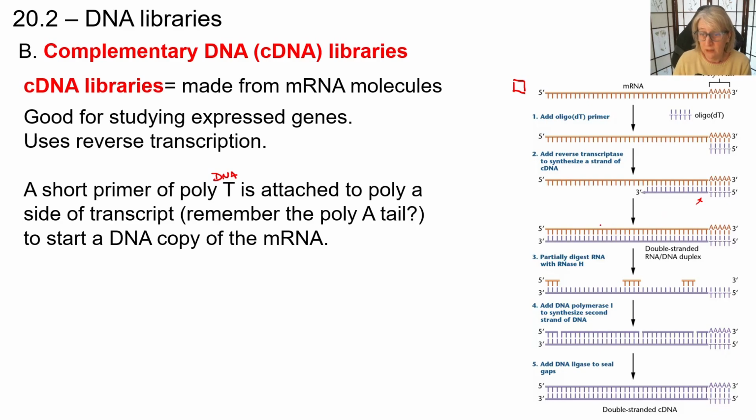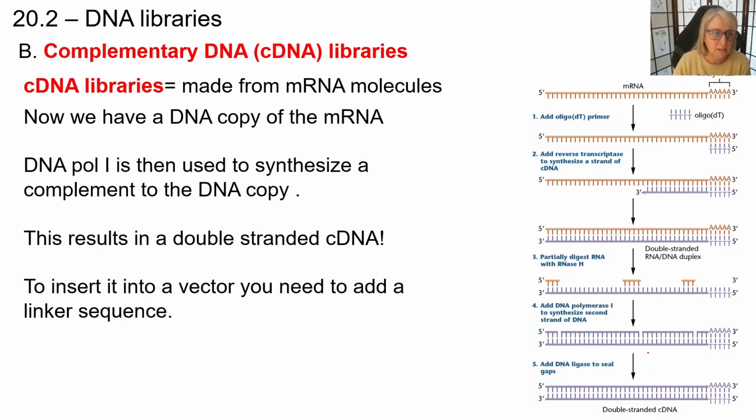I then allow these to break apart. I synthesize in fragments a complement to the DNA I made in the lab. I synthesize a complement to it, and then I use DNA ligase one more time to seal the whole process together. When I do this, I have a copy of the mRNA as DNA.